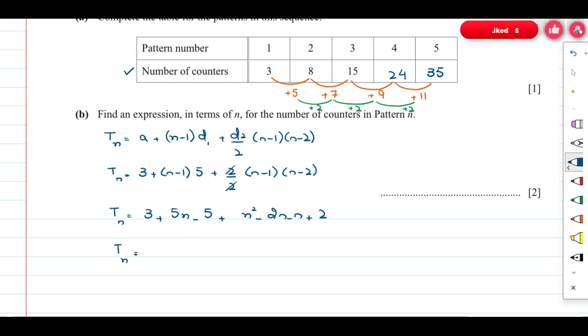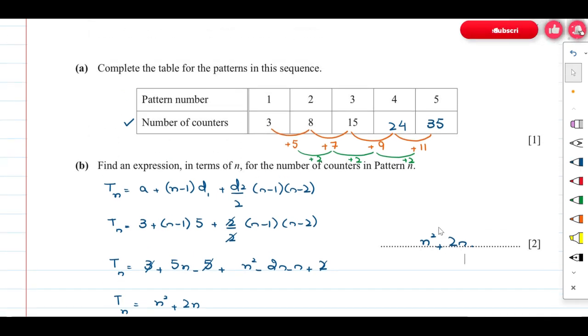So the nth term would be n square, and 5n minus 2n minus n means 5n minus 3n. So 5 minus 3 is just 2, so 2n. Okay. So this is 3 plus 2 gives you 5, and positive 5, negative 5 is cancelled out. So this is the nth term: n square plus 2n. This is the nth term for the number of counters in pattern n.